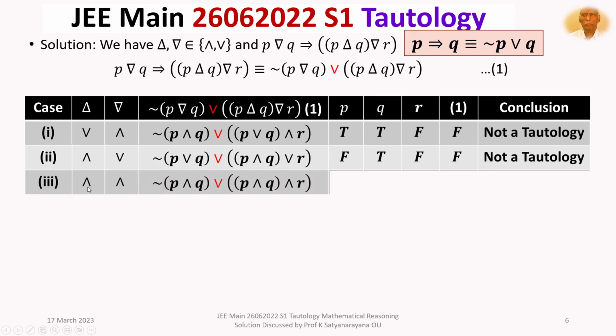Now the third case, where we take delta as and, del as and. Then the Boolean expression 1 becomes this.